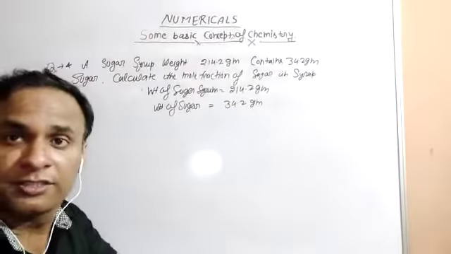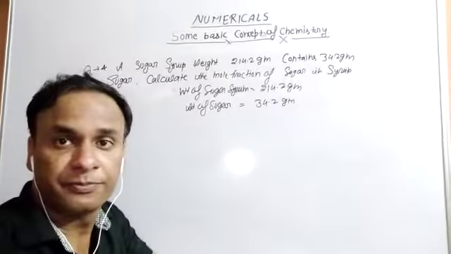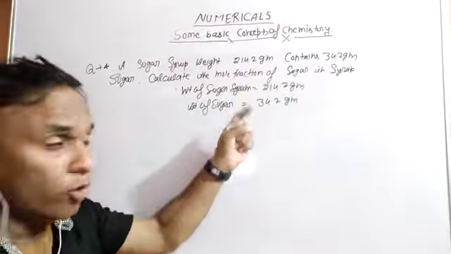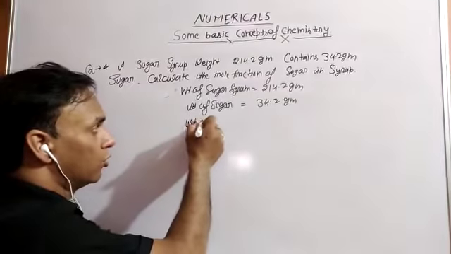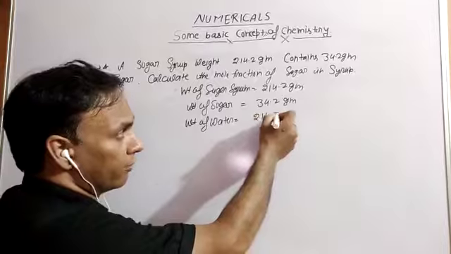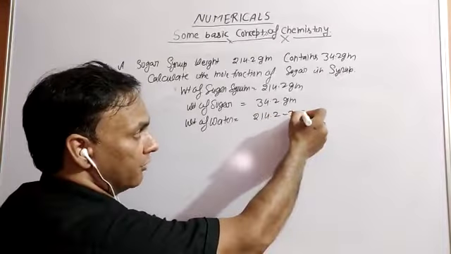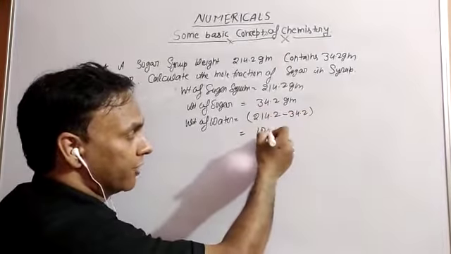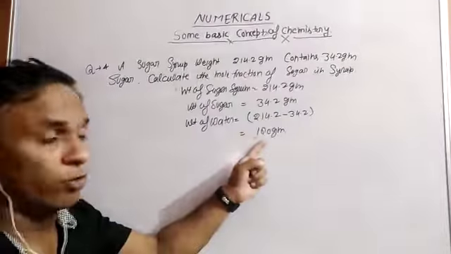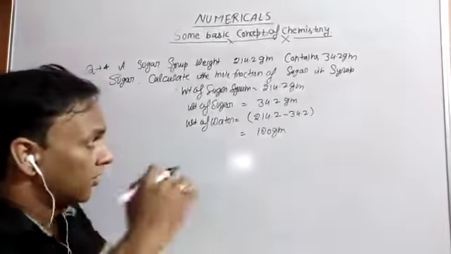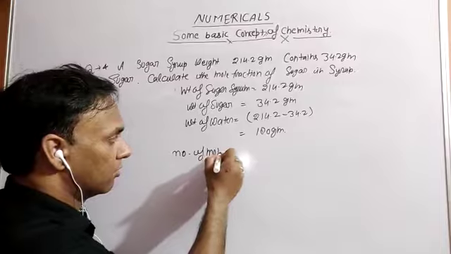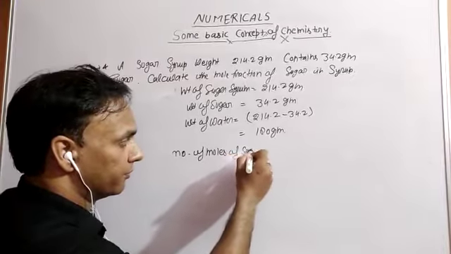Sugar syrup contains sugar and water. So the weight of water is 214.2 minus 34.2, which is 180 gram. Here the mass of water is 180 gram. Now we have to find the number of moles of sugar.